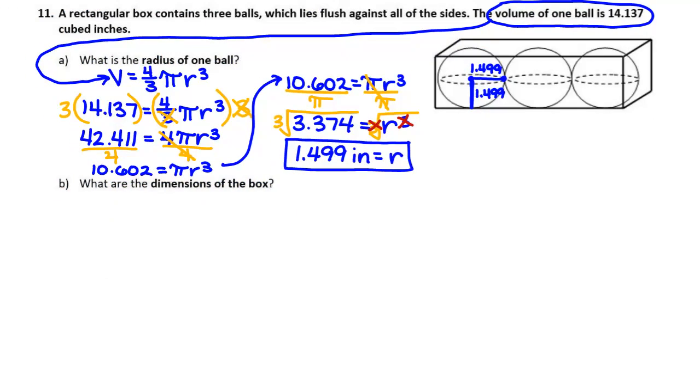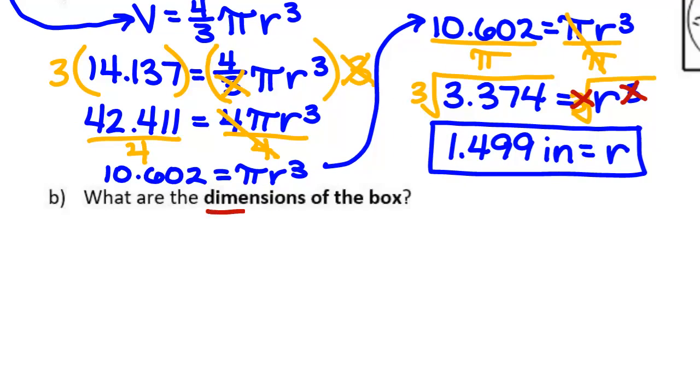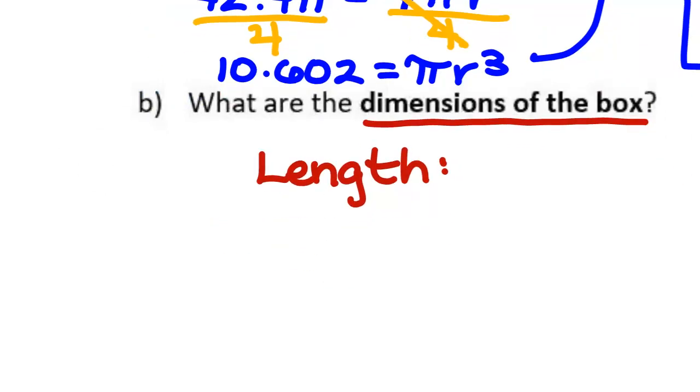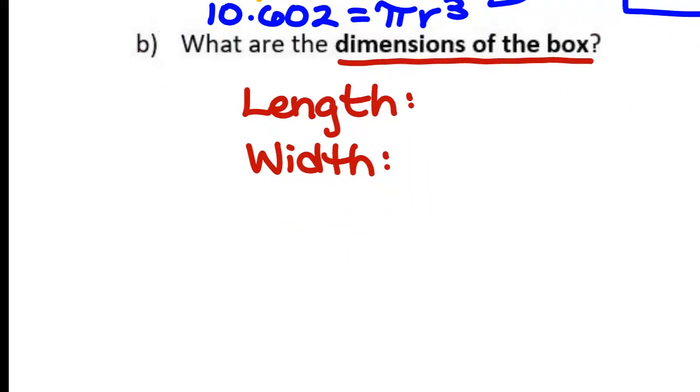Part B of the question says, what are the dimensions of the box? So for the dimensions of the box, I want the length, I want the width, and I want the height.